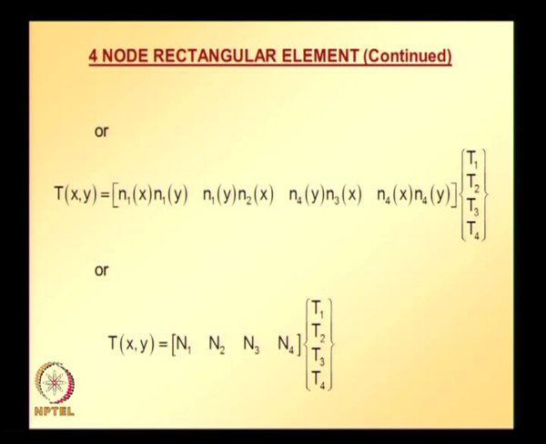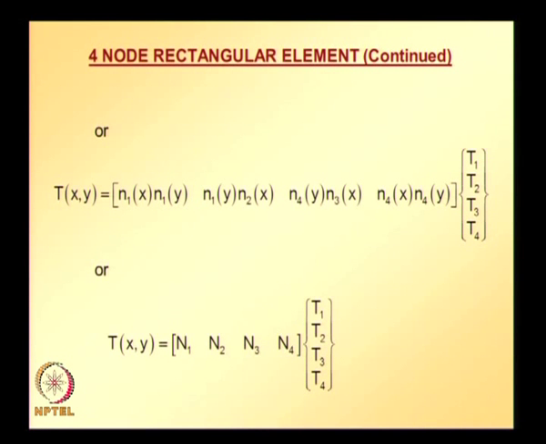So, capital N1 is defined as small n1 as a function of x times small n1 as a function of y. Similarly, capital N2, which is shape function corresponding to node 2, is equal to small n1 as a function of y times small n2 as a function of x.